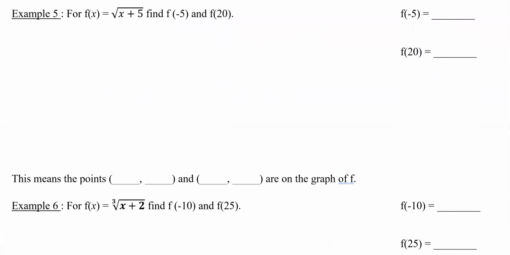Example 5, the function is a square root. We want to find f of negative 5. So we're going to take the square root of negative 5 plus 5, which is equal to 0.